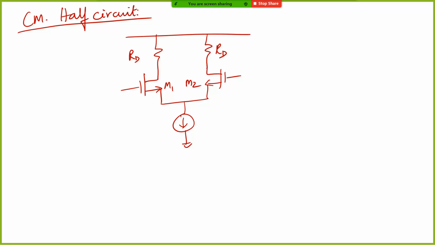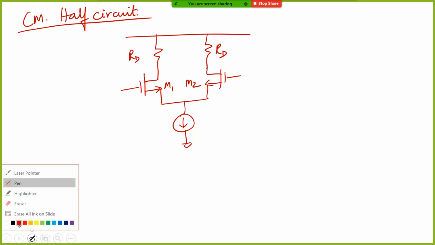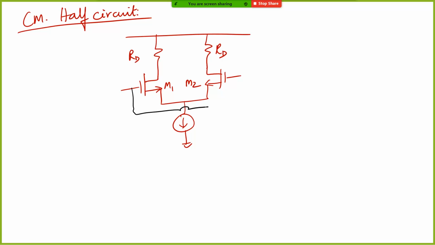Now when we say common mode, we basically mean that both sides are given the same input, common VCM in. Now how will you analyze this circuit, or how will you form the half circuit for a common mode input?